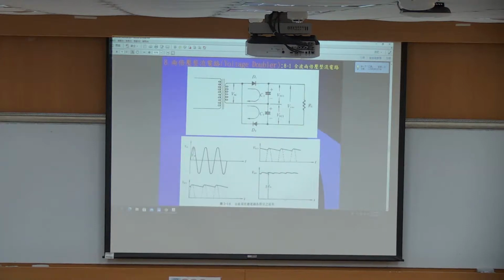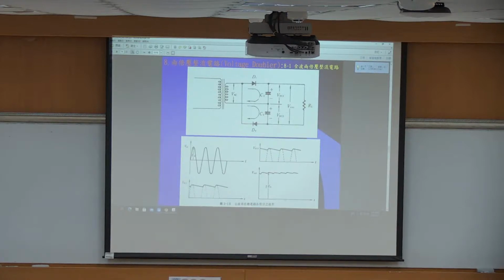And here is the voltage doubler. We have different types of voltage doublers. Basically, the voltage doubler consists of a peak rectifier and clamping circuits. It's the combination of these two circuits, because we can see the original input AC voltage is here.